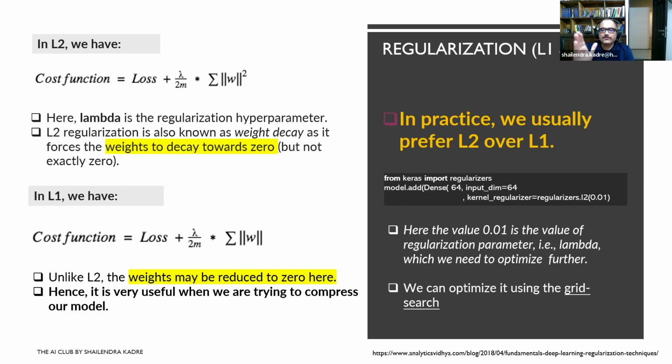So this is the story of L1 and L2. The concept is exactly the same as in simple machine learning. In machine learning, L1 and L2 penalize the beta coefficients in the case of linear regression.